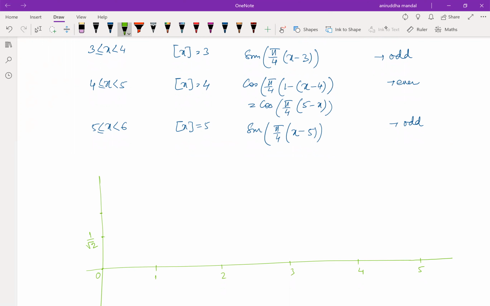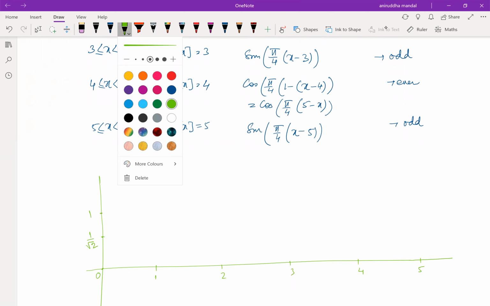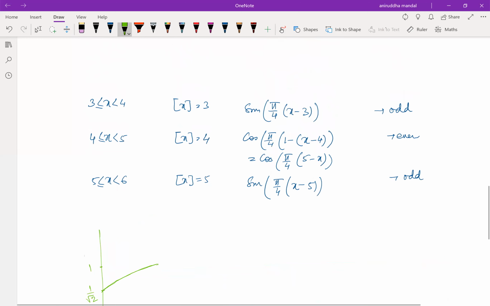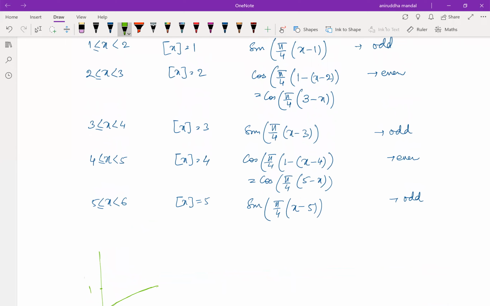So our graph, this is 1. So cos function will increase as soon as it reaches to 1.